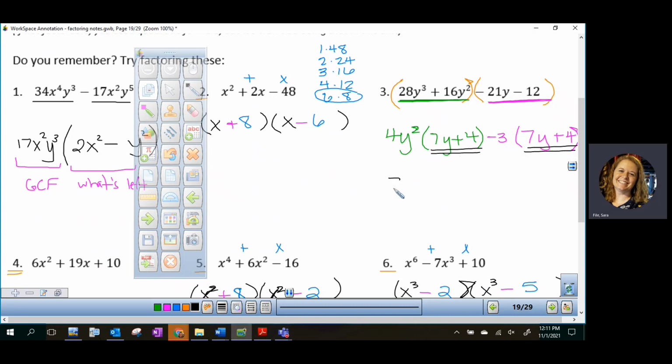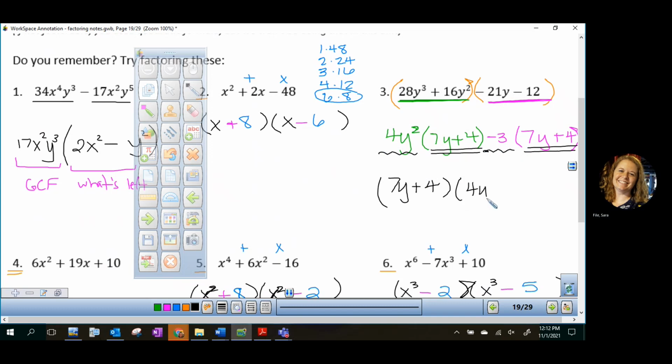Okay, so that means 7y plus 4 is a factor. And then what you took out, the GCFs go together to create the other factor. So 4y squared minus 3. So that is the factored form for number 3.